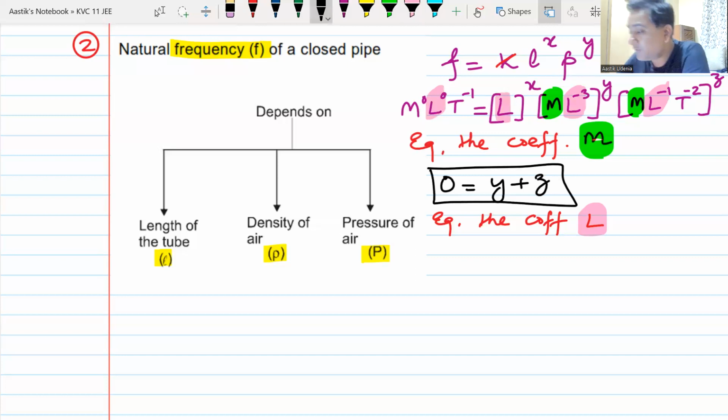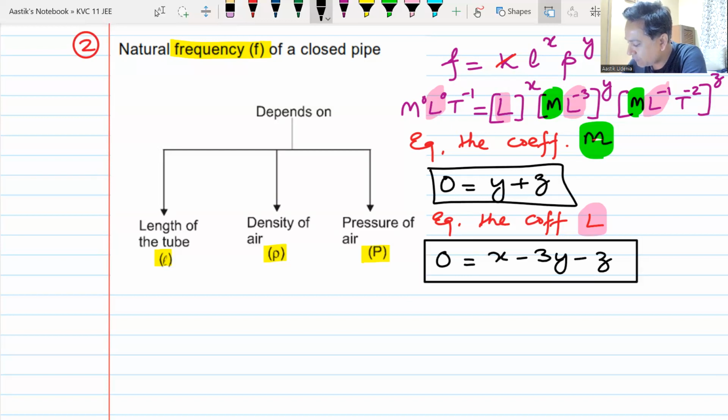What is the coefficient of L on the left hand side? It is definitely 0, sir. Okay, what about the right hand side? X minus 3y minus z. This is absolutely correct.